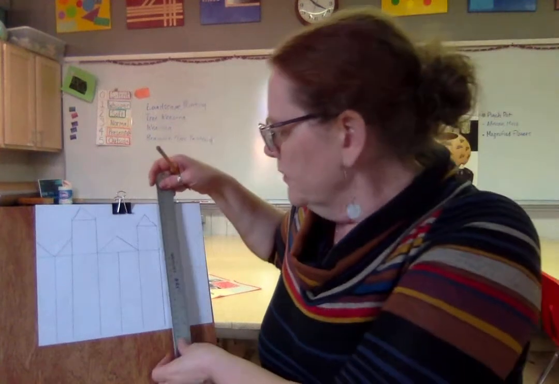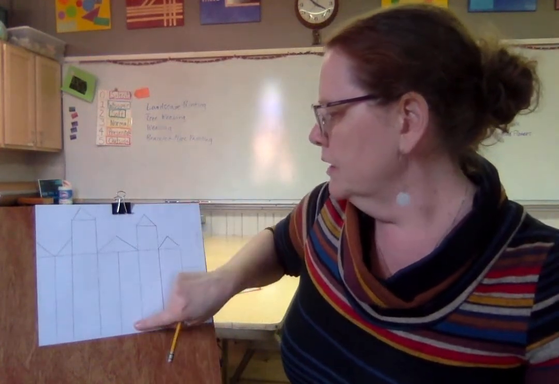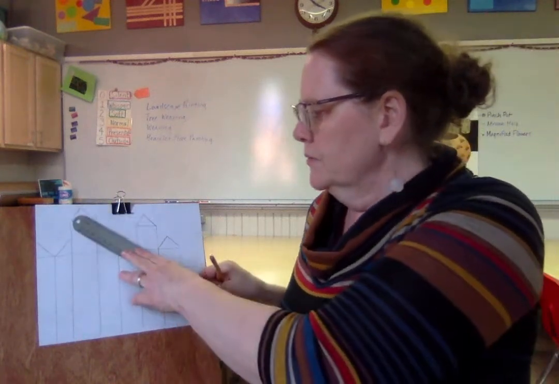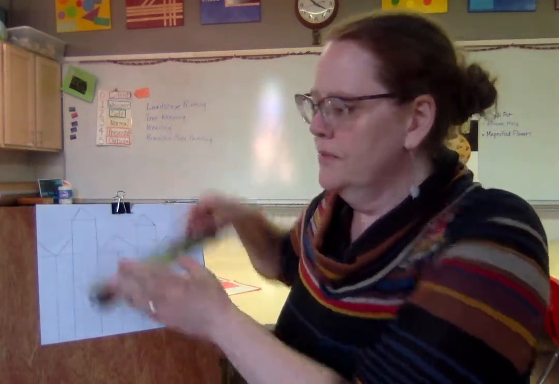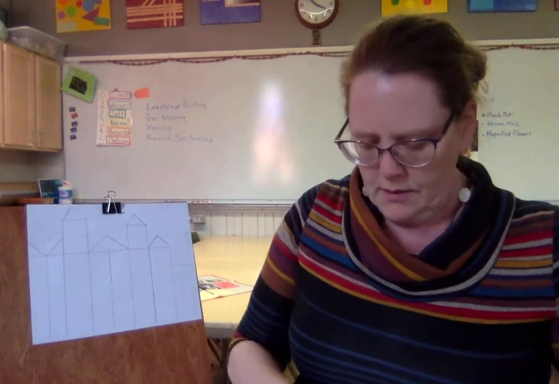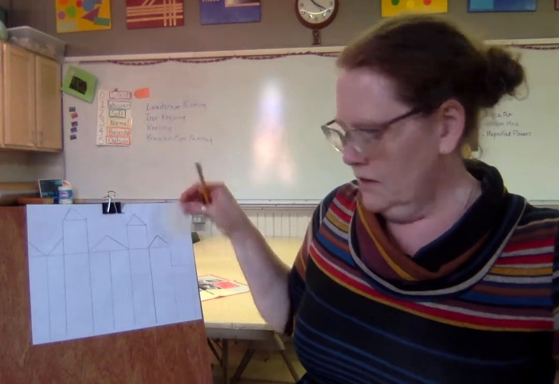So I just took my ruler and created some taller lines, some shorter lines, some lines that divided it. I also used my ruler to create the shapes at the top, to create the roofs, so you get a lot of ruler practice. And you can also use shapes to trace if you prefer.